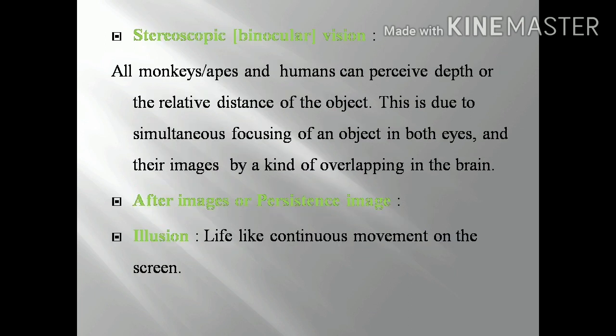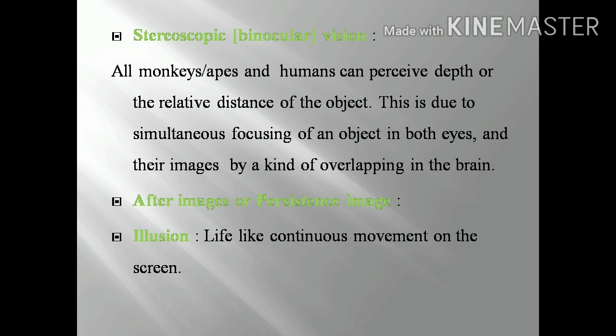Next, stereoscopic vision or binocular vision. All monkeys, apes and particularly humans can perceive depth or the relative distance of objects. This is due to simultaneous focusing of an object in both eyes, and their images overlapping in the brain give a three-dimensional effect.